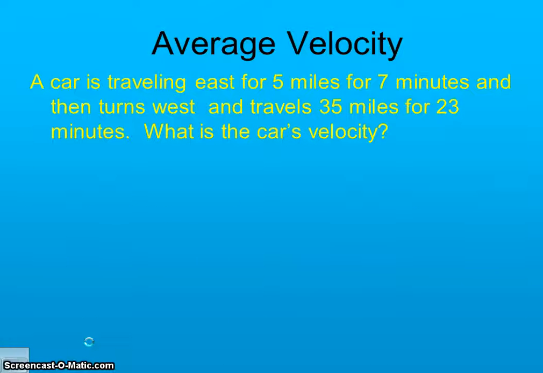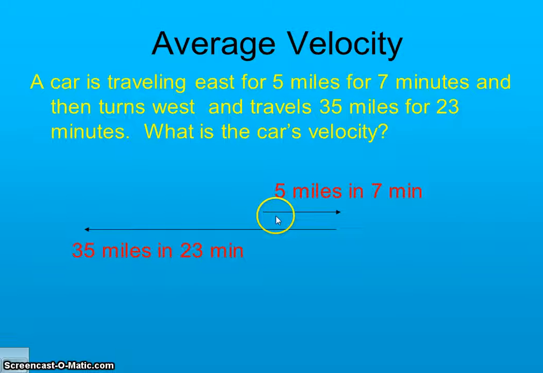Okay, let's take a look at a problem. You've probably seen these, and sometimes they put them on standardized tests. They'd say, a car is traveling east 5 miles for 7 minutes and then turns west and travels 35 miles for 23 minutes. What is the car's velocity? So we're going to take a look at what's going on here.